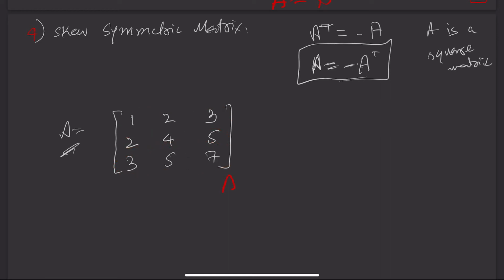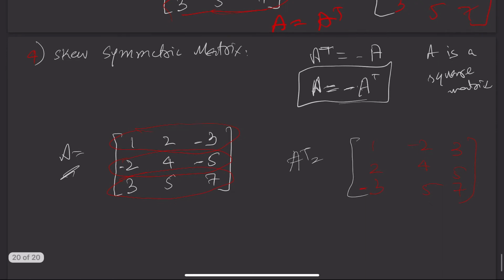We can just put a negative here. And let's try to transpose it. When we transpose this matrix, we transpose the first row, make it a column here, transpose this, make it a column here, minus 2, 4, and 5, and take this, make the column here 3, 5, and 7.